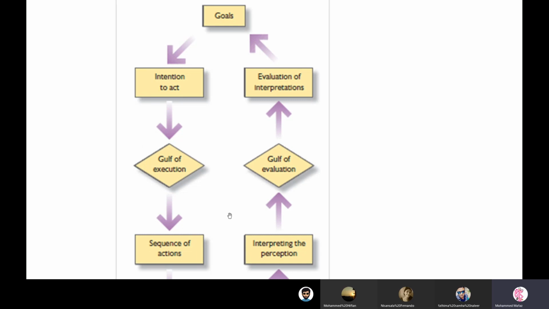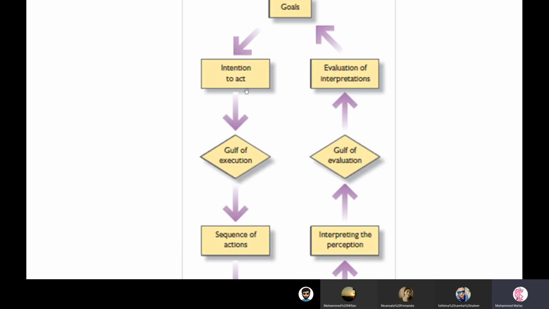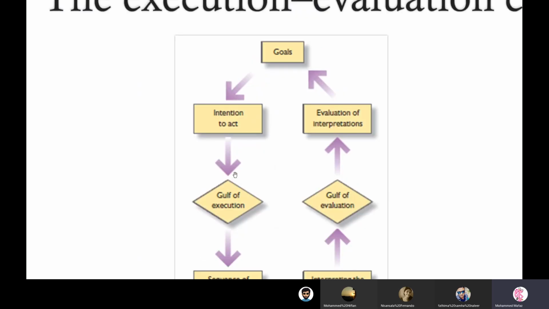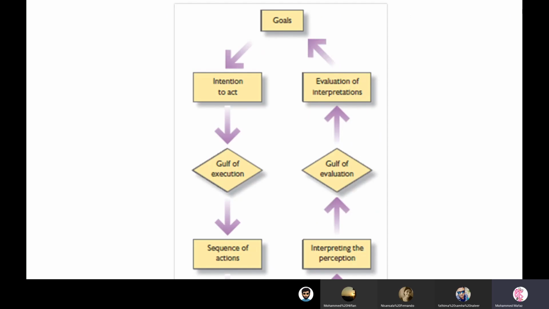So basically, as much as possible, these gulfs should be reduced. The gap should be reduced. The bigger the gap, the harder the system is for the user to use, because they may have an intention and the system is not supporting it, so they will find it difficult.